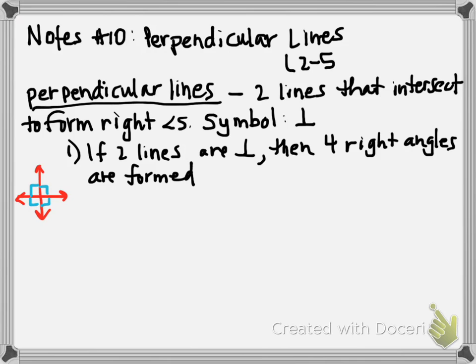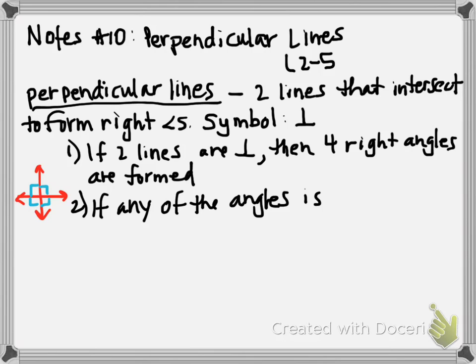Okay, now I can't jump into that and prove it, but this is the line of logic that we could follow. And then, if any of the angles formed when two lines intersect equals 90 degrees, then the lines are perpendicular.